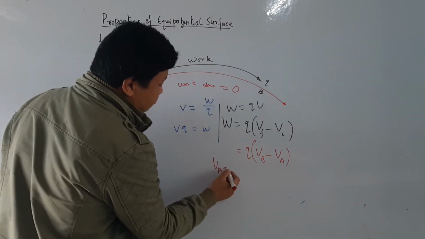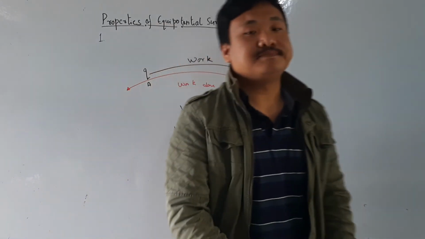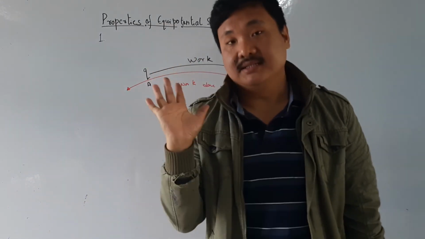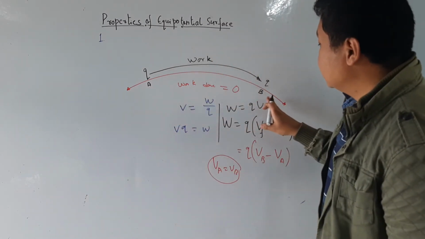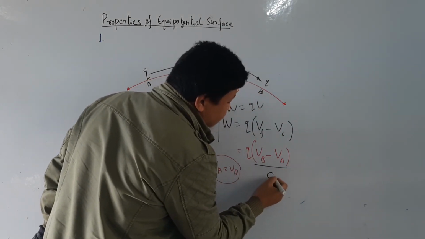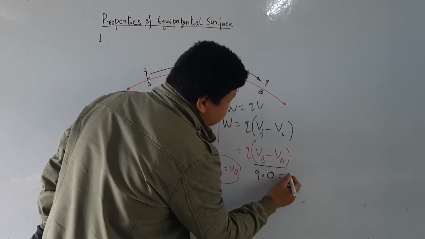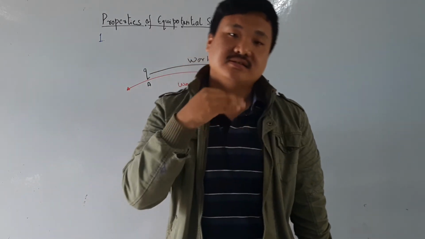VA is equal to VB, because this is an equipotential surface. Same minus same becomes 0, times Q, equals 0. So work done on an equipotential surface is 0.